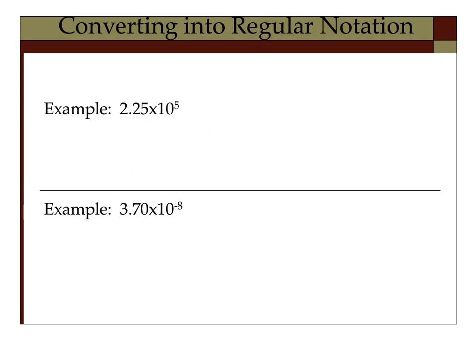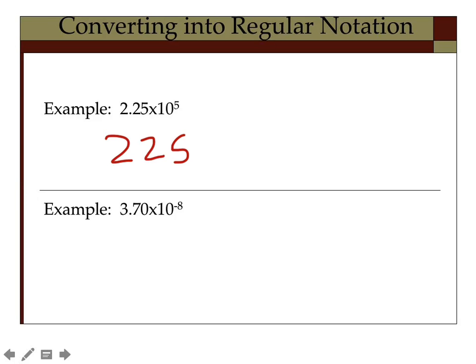So let's try going backwards. If we have 2.25 times 10 to the power of 5, basically you do the math problem where you move the decimal 5 spots. So 2, 2, 5. I moved it 2 spots there. You see that? 2, 2, 5.